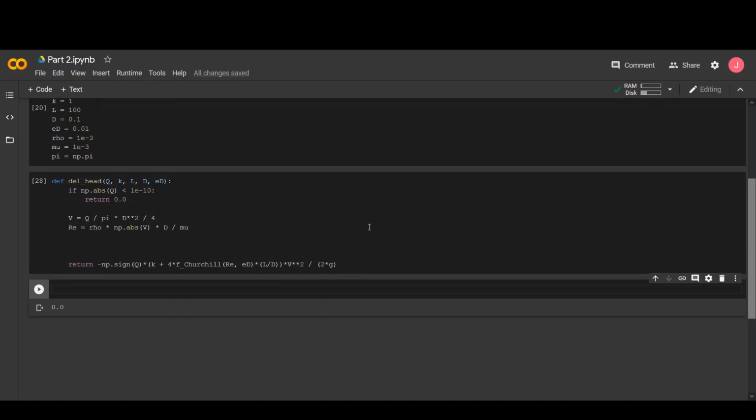So let's get started, and similarly, let's call this function flow, right? Because in this case, we were solving for the delta head when given a known flow, and this time we want to calculate our flow for a given delta head. So I'm going to call this d head instead of del head, right?